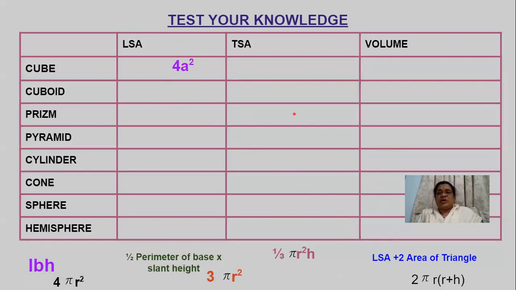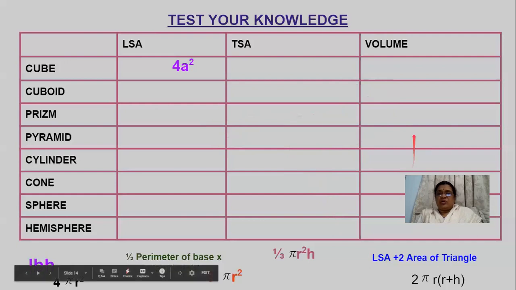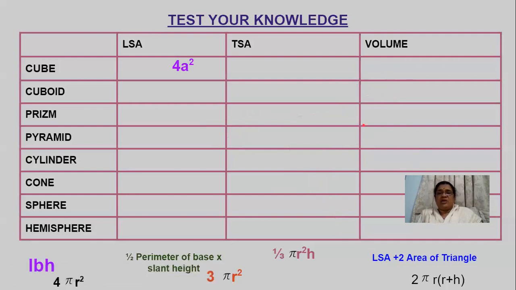And next, cuboid. What will be the cuboid? Is there any formula below? Yes. The volume of a cuboid will be, which one is missing? LBH. LBH is for the cuboid. Is it LSA, TSA or volume? Which one is it? It is the volume of a cuboid.